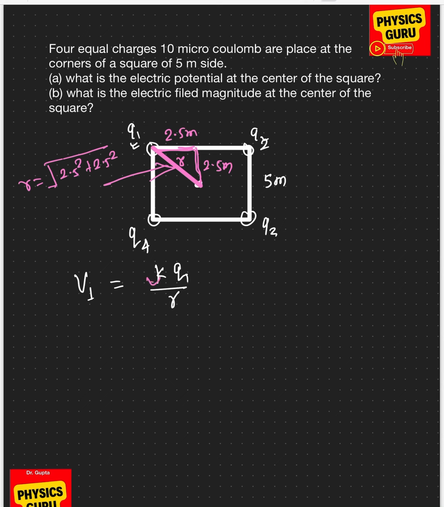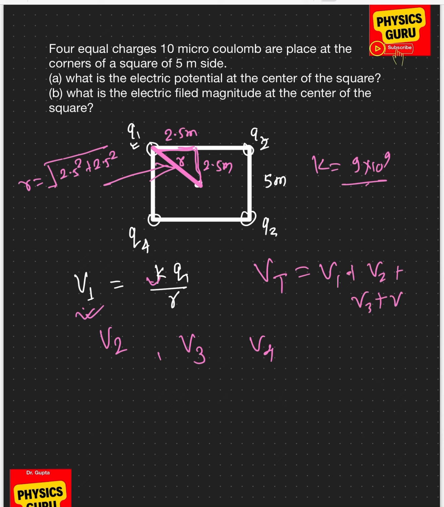K value, as you know, is 9 times 10 to the 9. I'm simply writing down the numbers here. You should be able to write down the unit by yourself. That way you should be able to find the potential due to one charge. Similarly, find the potential due to the second charge, third charge, and fourth charge. And the total potential will be V1 plus V2 plus V3 plus V4.